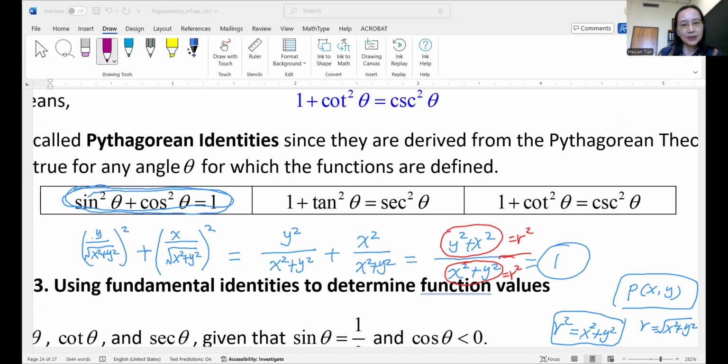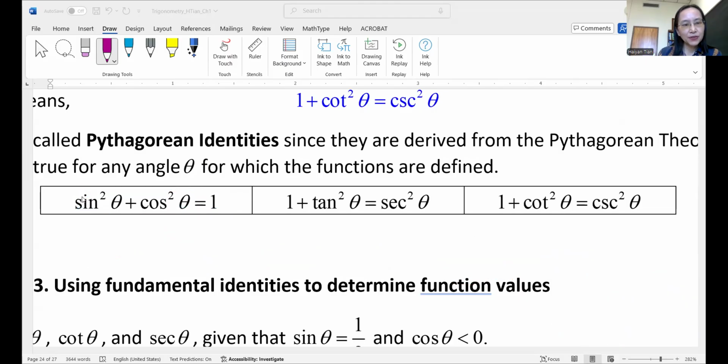So that's the first version of the Pythagorean identity. We have three different identities in this category called Pythagorean identities. So the second one, let's again start from one side.